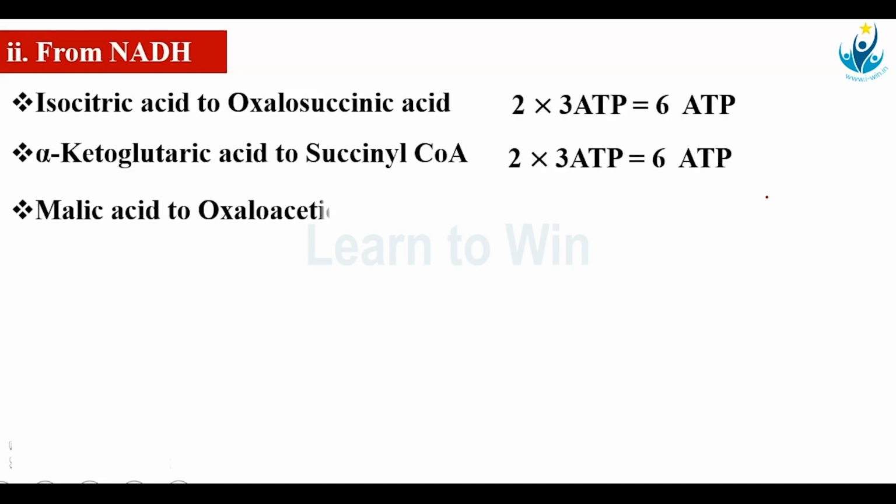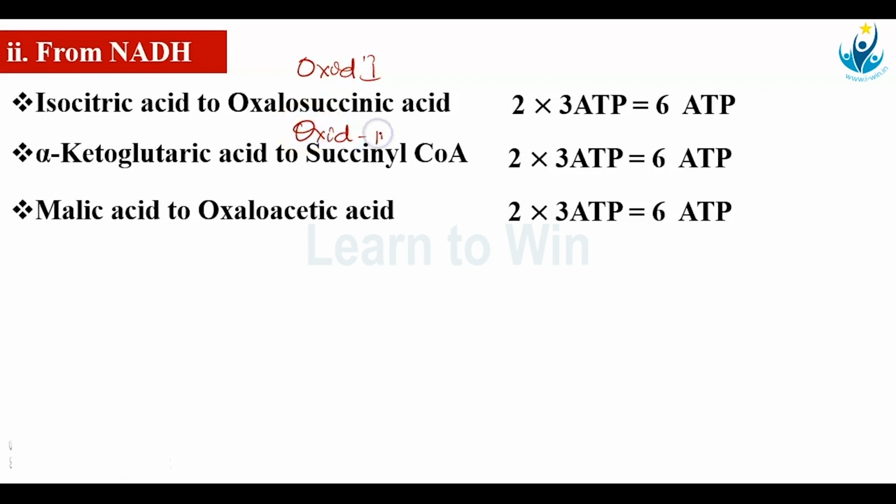What are those 3 different levels? They are oxidation 1, oxidation 2 and oxidation 4. All of them produce 2 NADH per 2 acetyl-CoA.